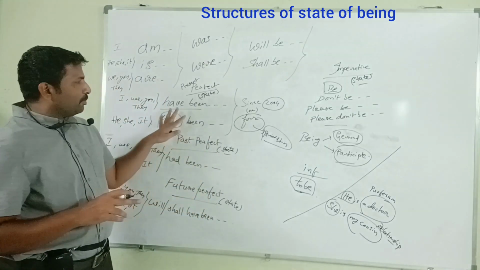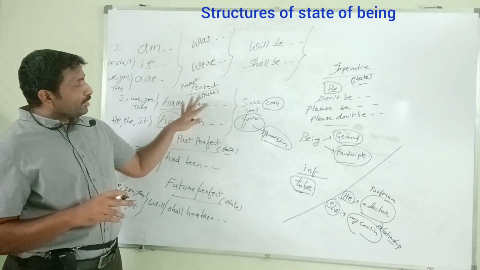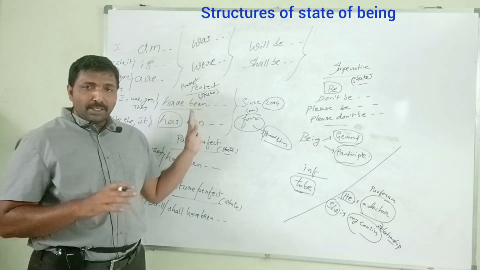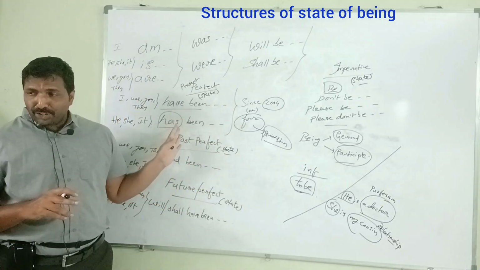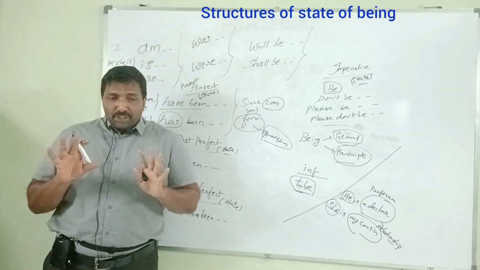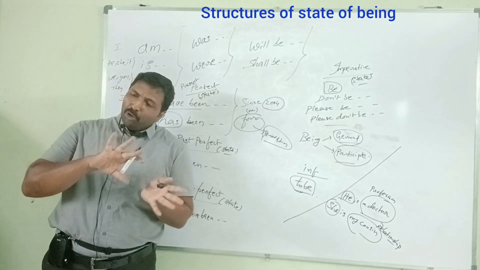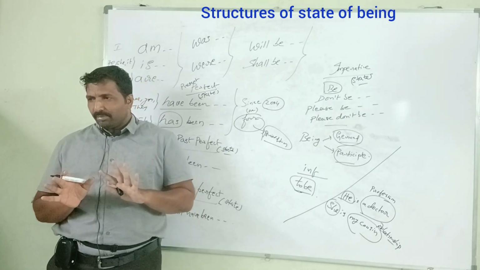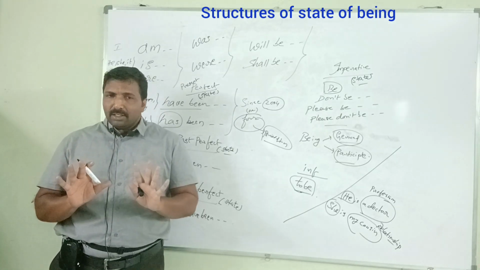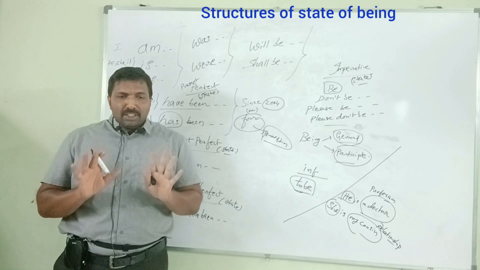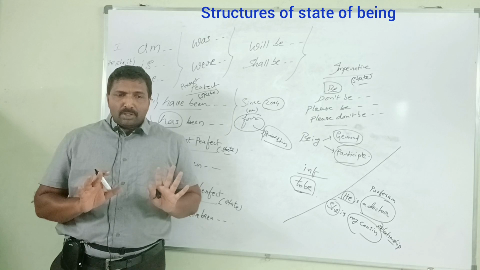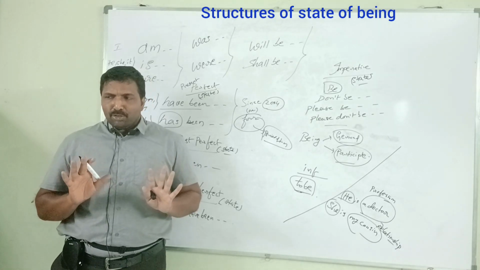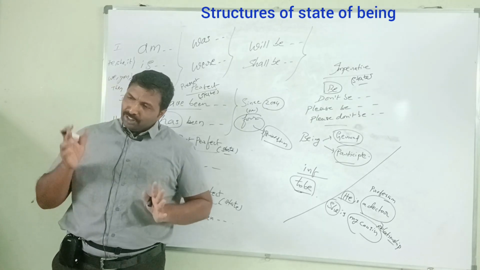How to use present perfect in state of being. Present perfect state of being. Whenever that state of being is still existing from past to present. He has been the principal for this school for some time.